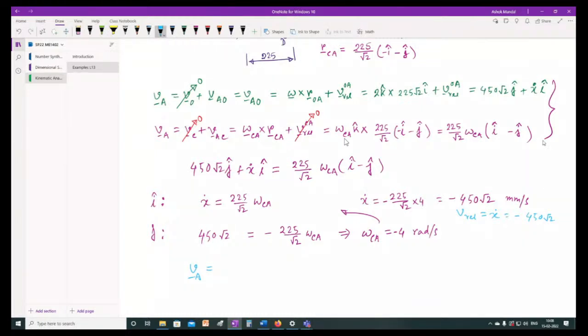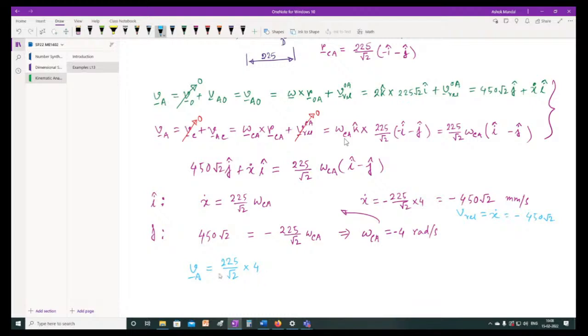We can just use any of these equations and get the velocity of point A. Okay, which equation you want to use? Let us use the second equation. 225 by √2 into omega CA is 4.